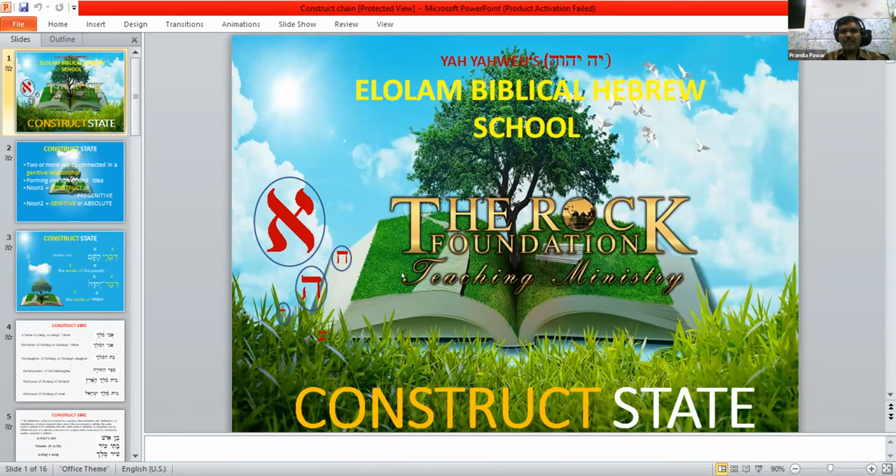That's the purpose. But in 90% of the cases you will find a construct relationship, the maqqef is connected genitively. So in this chapter 11, we are going to study the construct state and from this you will learn many examples of it. We are going to take many examples on the construct state. We're going to see how two or three nouns are connected together with maqqef and form the of relationship.